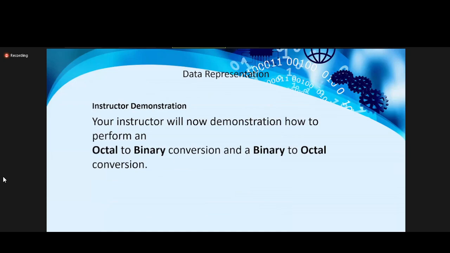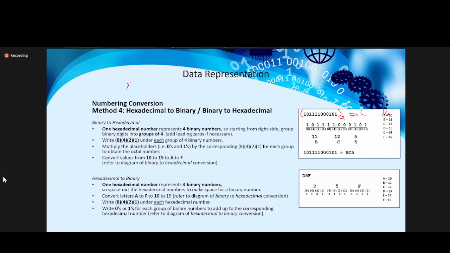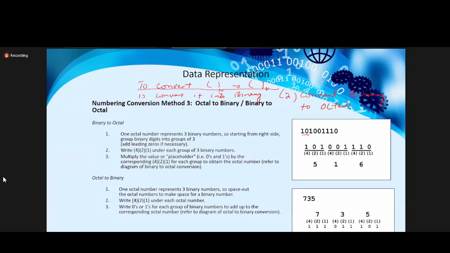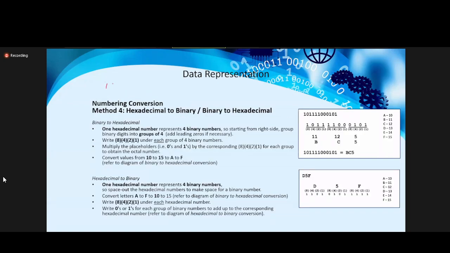So similarly for the hexadecimal system, to convert base 10 to base 16, all you need to do is first convert to binary.